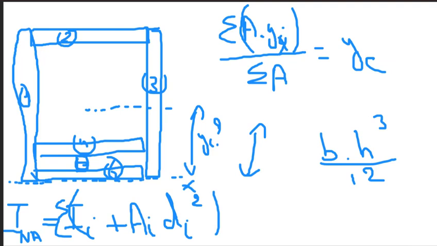Try to find the moment of inertia around its neutral axis and see if you end up with the correct result. I'm still here in case you have questions. If you want to wait till the monitorat, also fine, but now we have time. You're busy, you're into it, so please make it now.